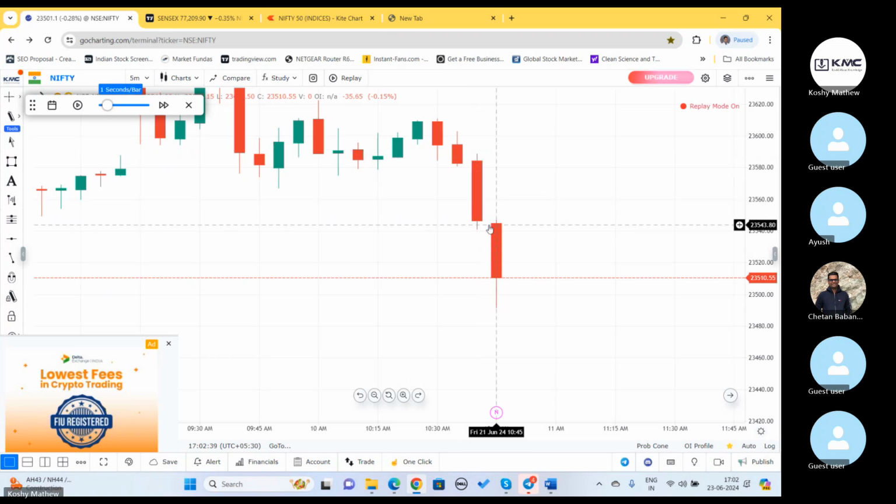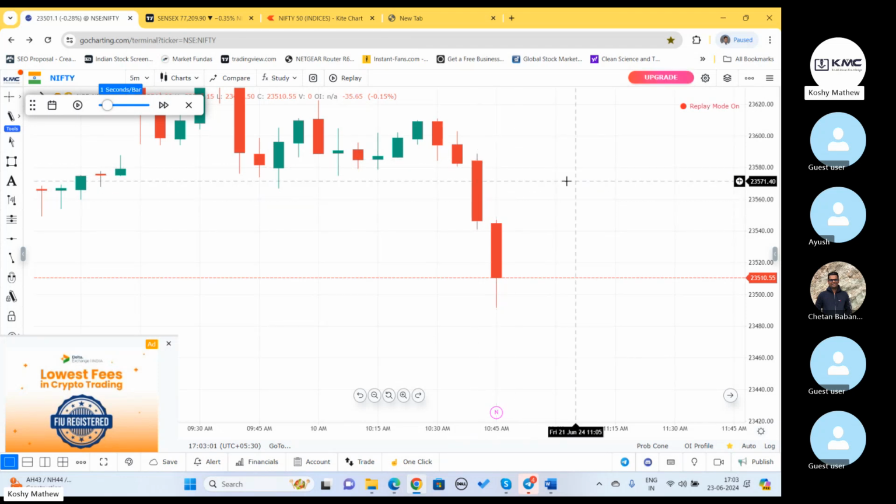This red candle, what candle is that? That is bearish, but what is the name? It could be a small wick, but it's a huge body. What do we call that? Marubozu. Correct. Small wick with a huge body. This is not exactly a Marubozu because you have a little bigger wick, the body being 30, 40%, but this is a small wick with a huge body.